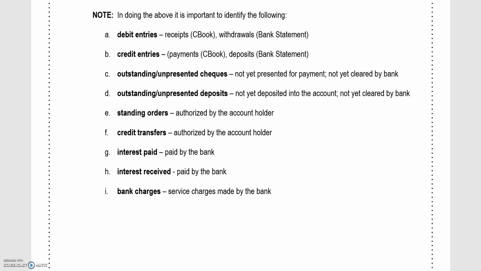We examine those entries and try to determine whether they are representative of receipts, payments, outstanding or unpresented checks, outstanding or unpresented deposits, standing orders, credit transfers, interest paid, interest received, or bank charges.